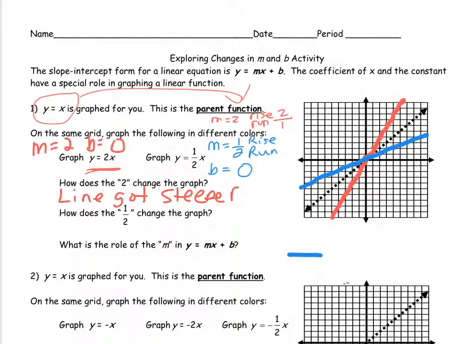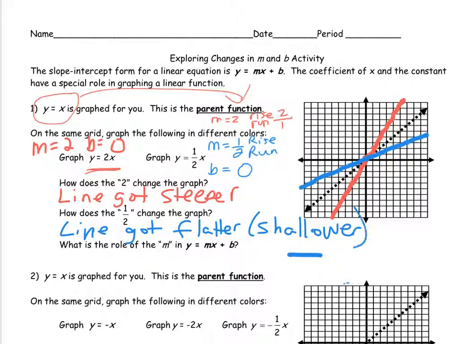So our answer is the line got flatter. Sometimes they'll use the word shallower. My line got shallower. So these are actually vocabulary words for you. You need to know when a line looks steeper.